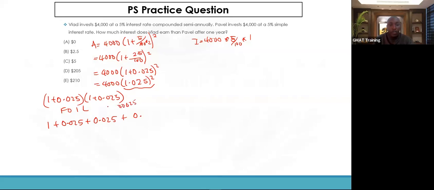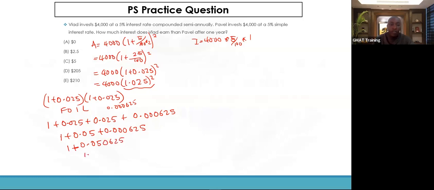Adding this all together, we have 1 plus 0.05 plus 0.000625.